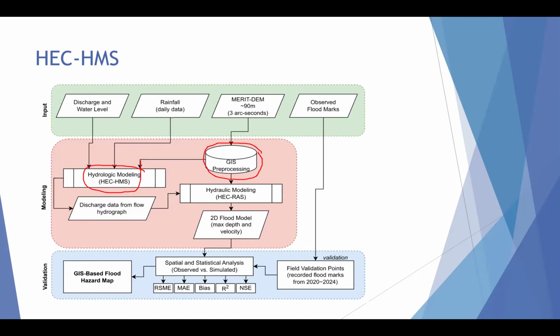If I have more than one rain gauge station in my watershed, then I have to prepare the Thiessen polygon, and finally come up with one representative forcing input. So that rainfall data has to be given. After that, you use the discharge data from the measured flow hydrograph. Then you carry out the modeling.